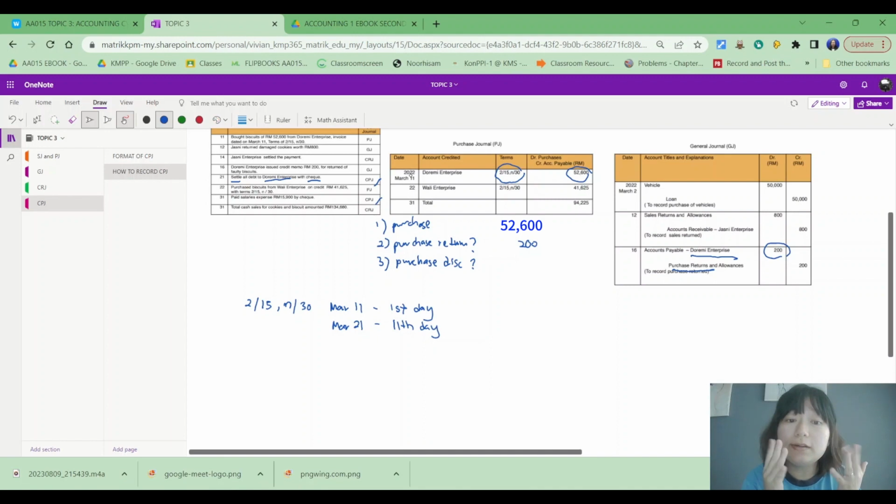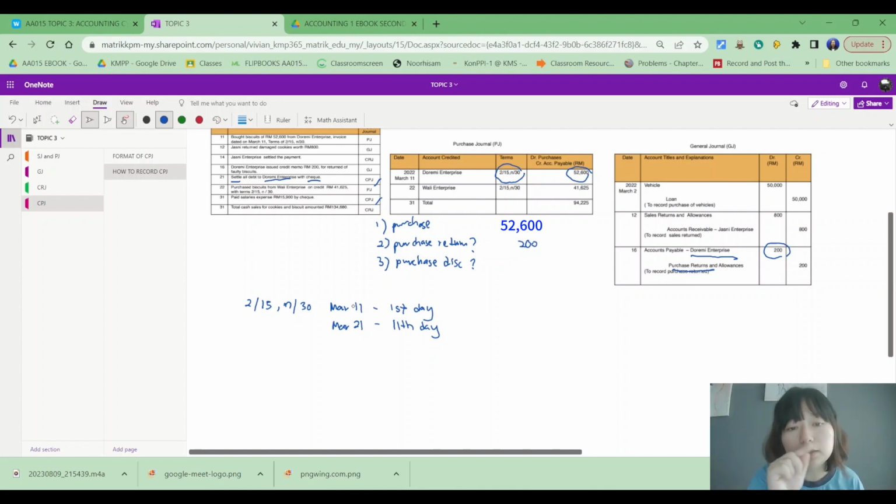Okay, kalau you tak nak kira dengan jari, if you don't want to do manual calculation by using your fingers, what you can do is you can use your calculator. You take this date, 21st of March, minus 11, and then you need to plus 1. Kena tambah 1. 21 tolak 11 tambah 1.